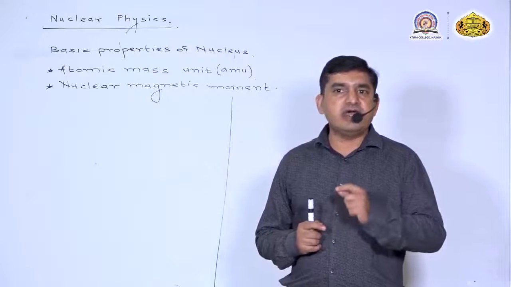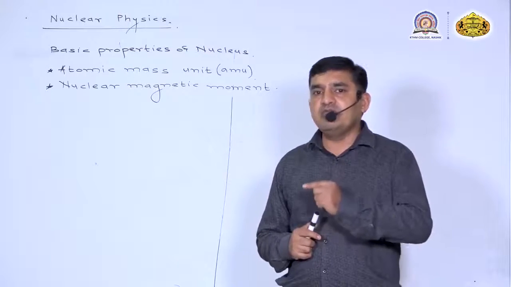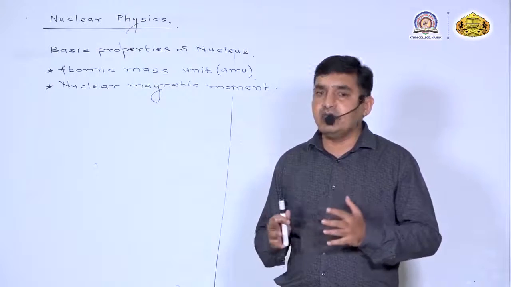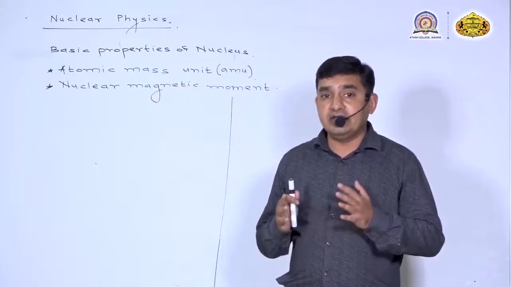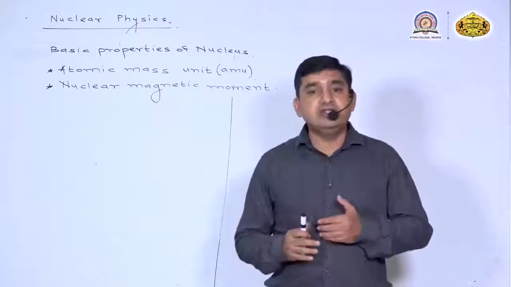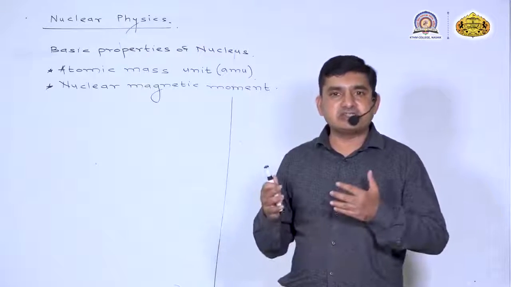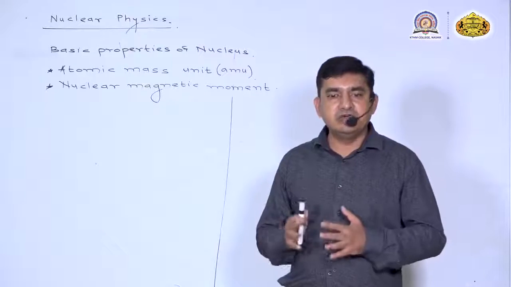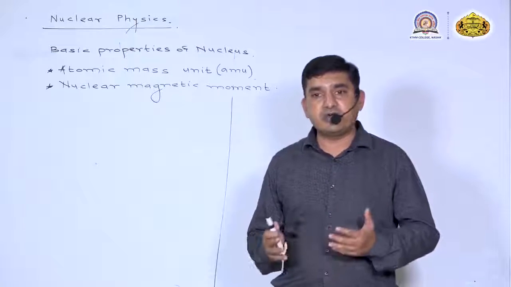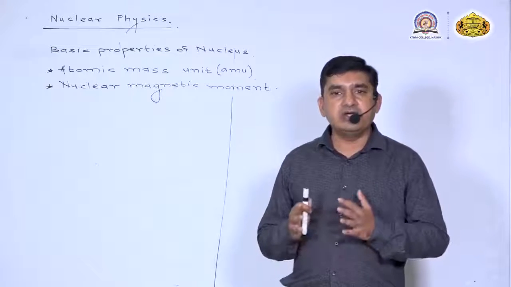Also the electron has a spin, and the magnetic moment due to the spin motion of an electron is the spin magnetic moment. And in the next lecture we have to see the nuclear magnetic moment, which is associated with the orbital motion and the spin motion of electrons.